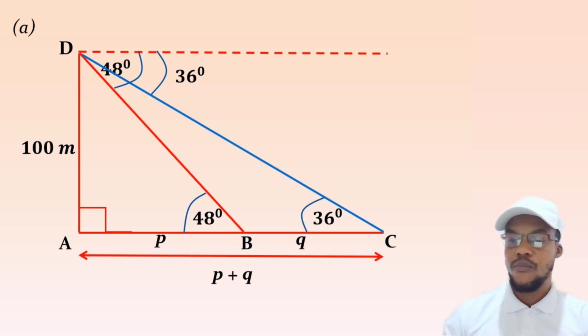From B to C, represented by Q, is the distance between the two vessels, that is the first vessel and the second vessel. And from A to C, which is represented by P and Q, is the total distance between the foot of the lighthouse and the second vessel.